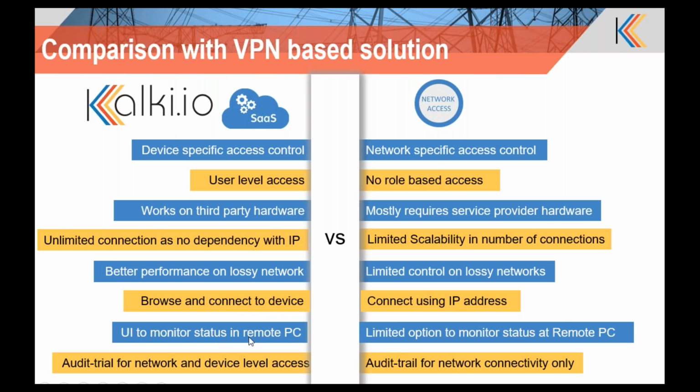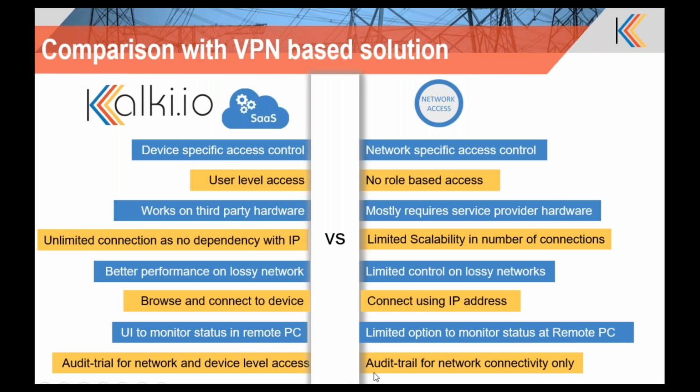But in the case of a Calceo SaaS-based solution, you have a Calceo remote connector installed in the PC. That remote connector provides the number of packets transferred, the time to live for the connectivity status, and how long the connection will be retained. All the network monitoring can be done from the local PC in the remote engineering connector.